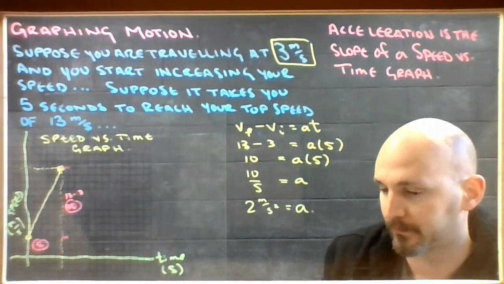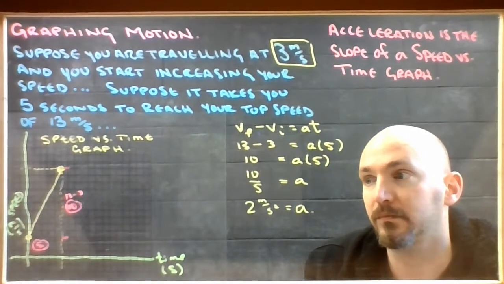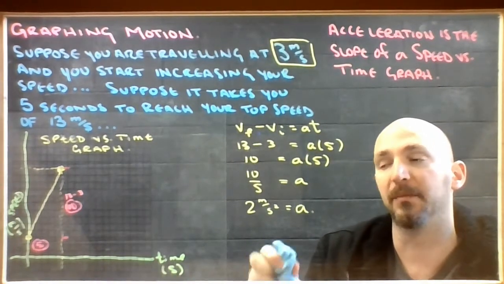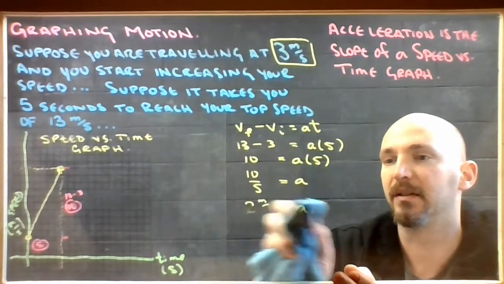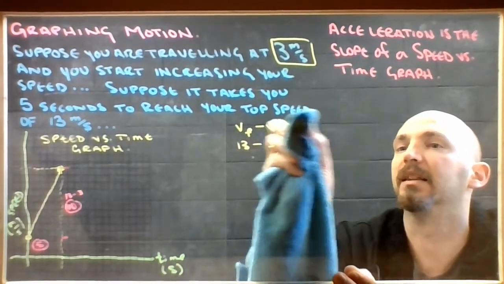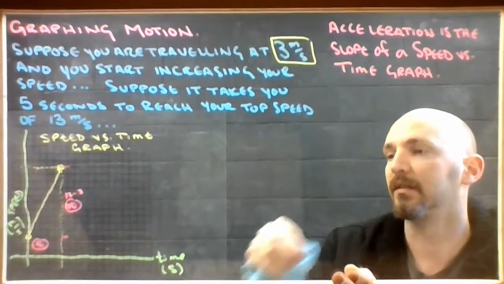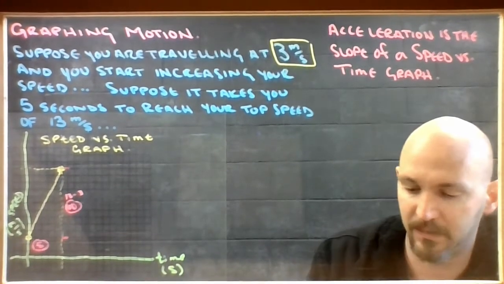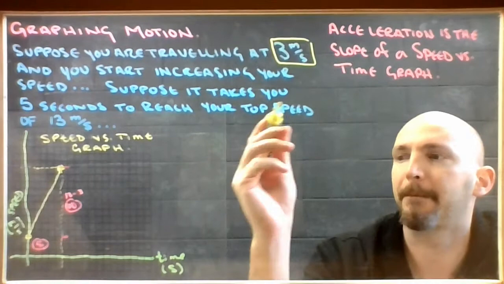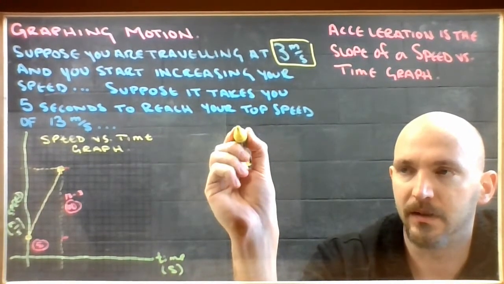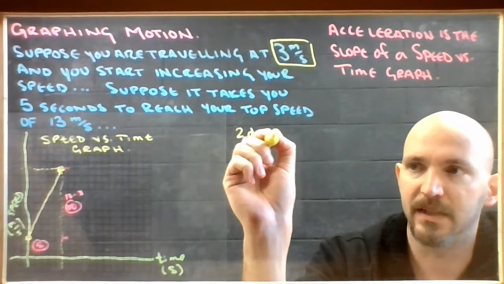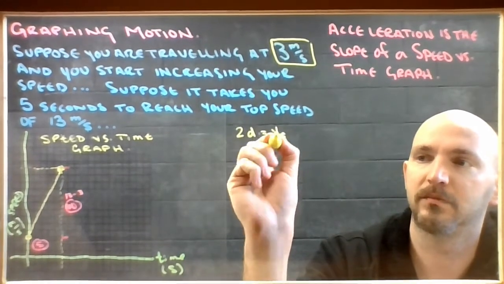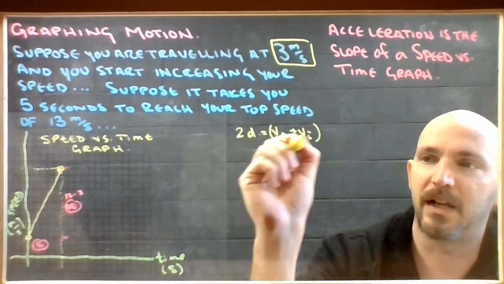All right. Lovely. So that's all well and good. I've got an acceleration of 2 meters per second squared here. The other feature I don't have yet is the distance. So I'm going to see if I can calculate that. I had a Vf and a Vi and a t. And I'm trying to get distance. So let's try 2d is Vf plus Vi multiplied by the time.